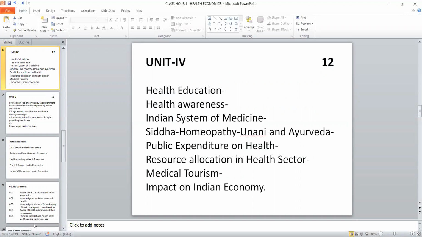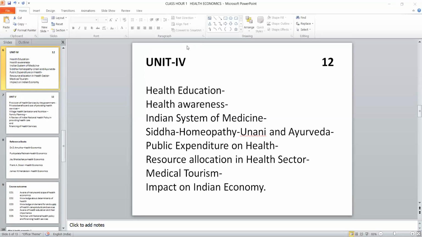It is particularly about health education. Health education means how we spread awareness about health. Then what are all the medical systems available in India? We have 4 medical systems called Siddha, Homeopathy, Unani and Ayurveda, all Indian based.